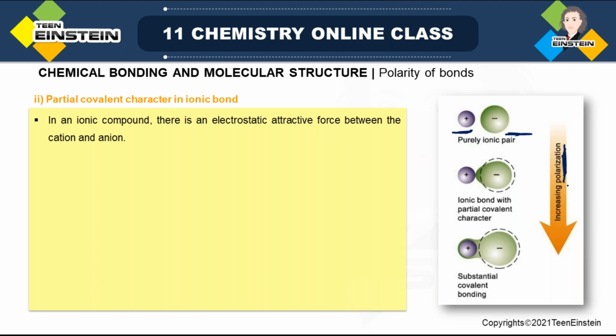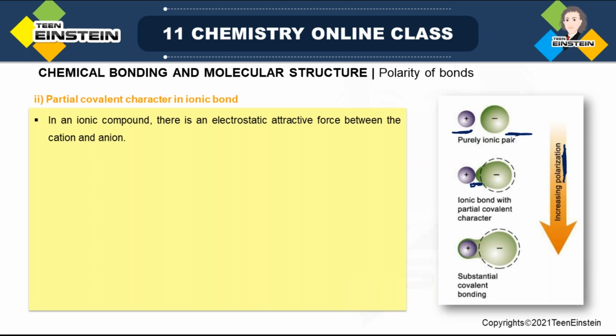what is polarization. So in polarization, what happens? The negative charge cloud that is present in the anion, in this case you can see it is a green sphere. Now this electron density, in the second picture, there is some polarization. From this picture you can understand what polarization is.